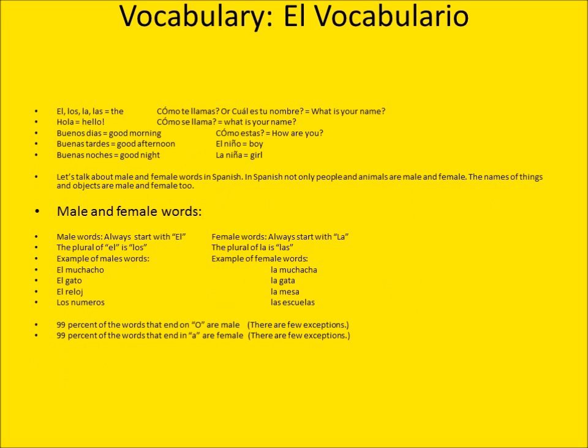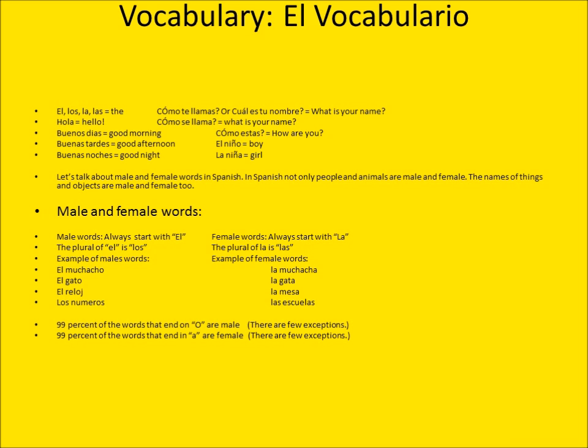Here in this page, I want to show you that the Spanish words, when you talk about people, animals, and objects, they have what we call gender. It's the gender of the word.